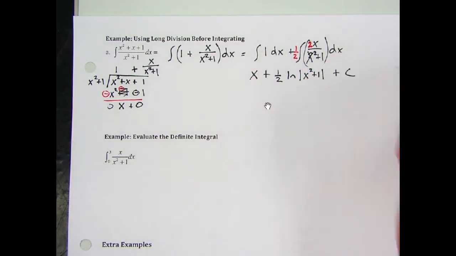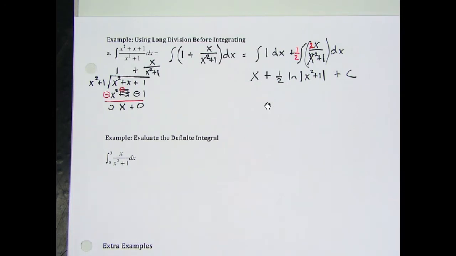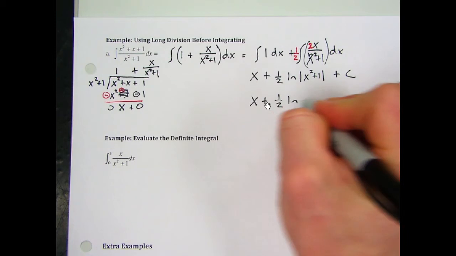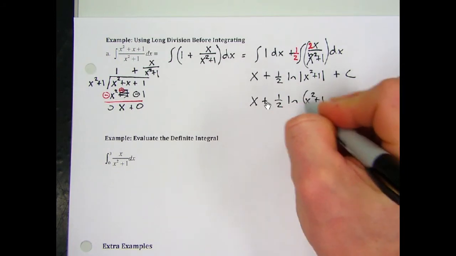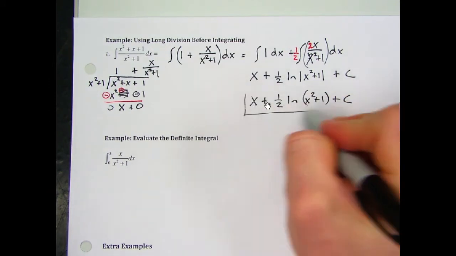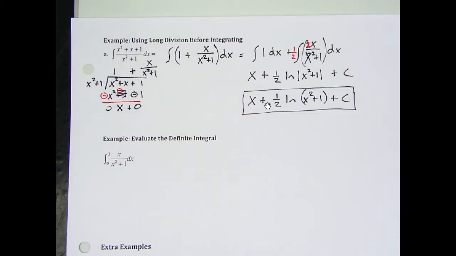Now, this is kind of technical, but can the function x squared plus 1 ever be negative? No. So we can just rewrite this. When possible, you can drop those absolute value signs.